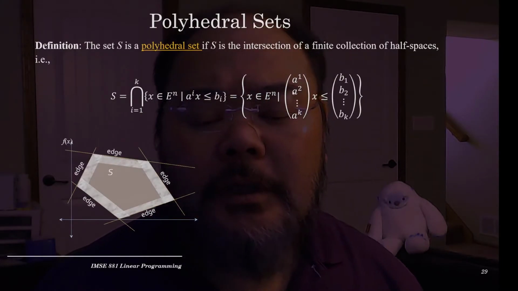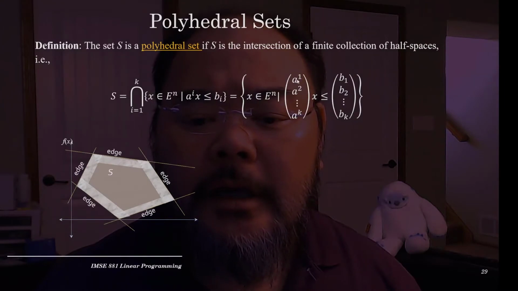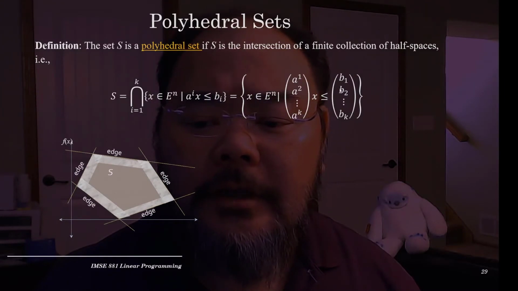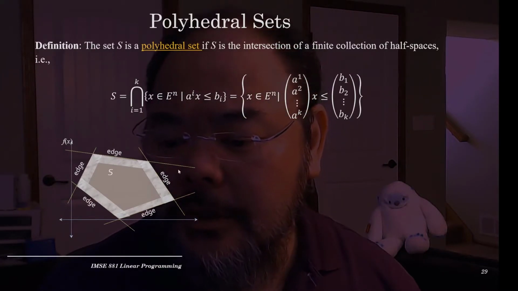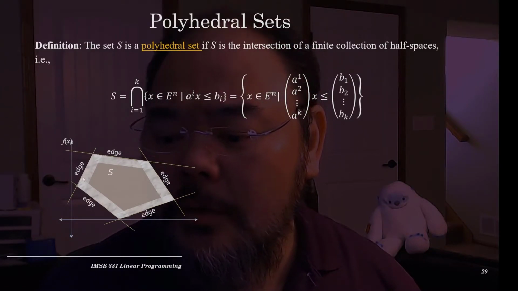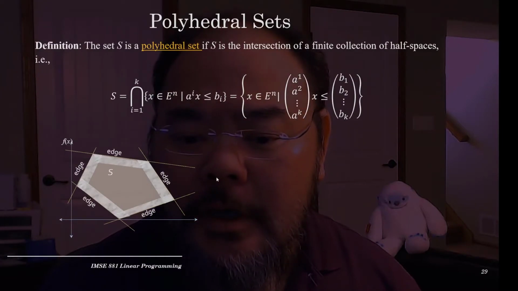Formally, Ax less than or equal to b is a linear inequality constraint, a combination or intersection of a whole bunch of half spaces.